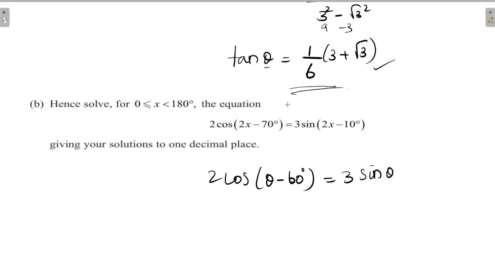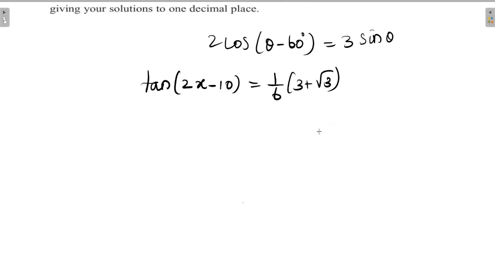The first result is tan theta is equal to (3 plus root 3) by 6. Replace theta: tan(2x minus 10) is equal to (3 plus root 3) by 6. So 2x minus 10 is equal to tan inverse of (3 plus root 3) by 6.